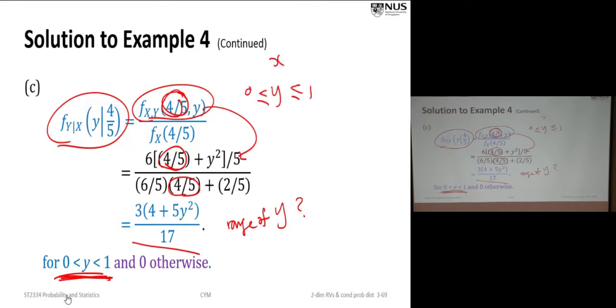Not only that, x has to be between 0 and 1, but this is between 0 and 1, so it's okay. So this one you have to specify. When you substitute this into the joint distribution, it's only valid when y is between 0 and 1, so you have to keep it here, and 0 otherwise.